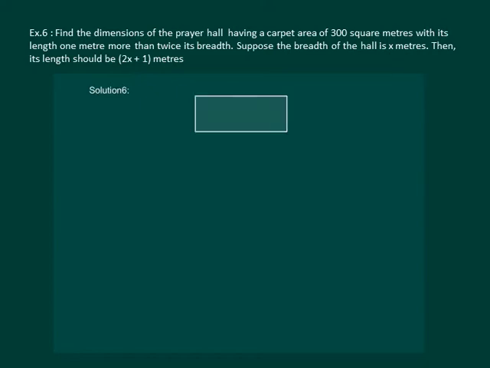So we are given that the hall is in shape of a rectangle such that its area is 300 meters square and its length is 1 meter more than twice its breadth. So if breadth is x, then length is 2x plus 1.